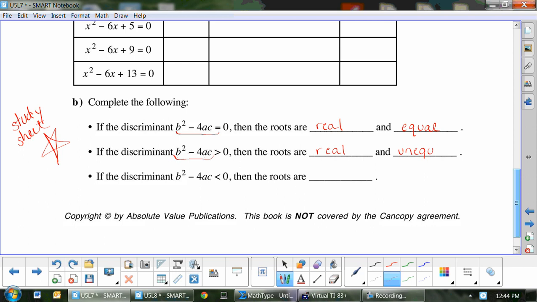So this is like example 1 where the roots were equal to 1 and 5. And if the discriminant is less than 0, then the roots are non-real. Okay, so that just means we can't even solve the problem. There's no answer.